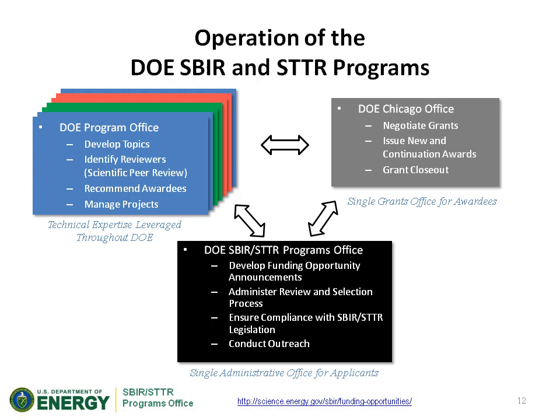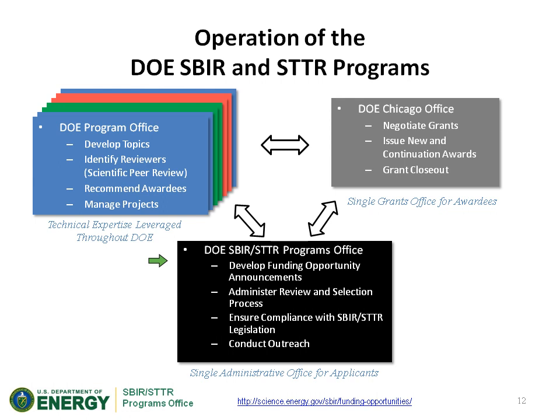Now, in terms of how we operate the programs, again, the DOE SBIR and STTR Programs Office is the primary administrative office and the one you'll deal with largely for submitting applications. So we develop the funding opportunity announcements, administer the review and selection process, and then ensure compliance with legislation and policy directives for these programs.